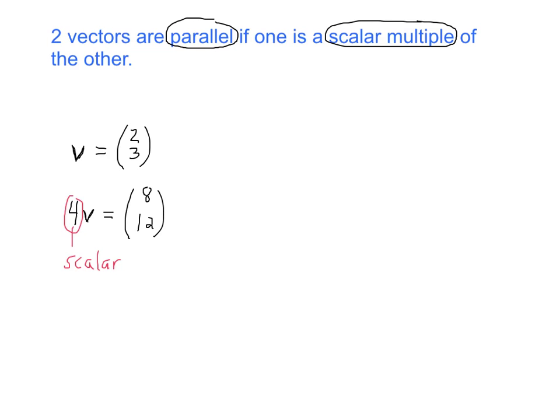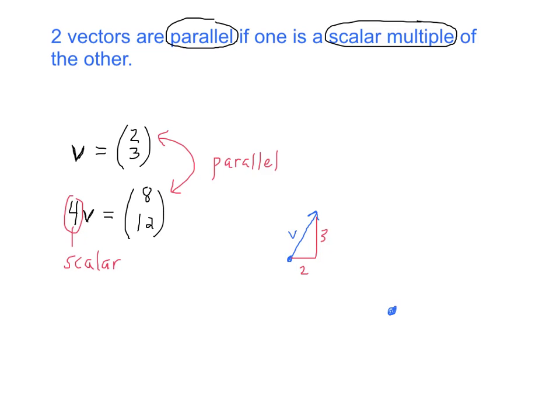So these two vectors here are parallel, and the reason we know they're parallel is, if we were to graph this, vector 2, 3 would look maybe something like this: over 2, up 3. So here's my vector v. Now if we were to draw in vector 4v, you can place it anywhere, it doesn't matter where.